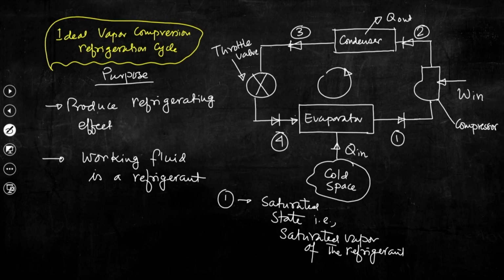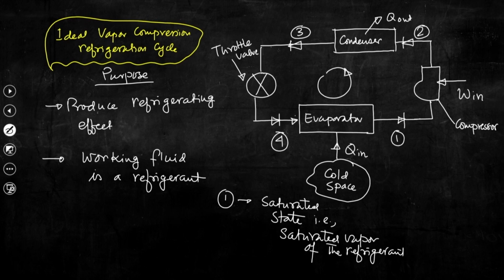Now, perhaps you have studied this topic in your basic thermodynamics course. The throttling is a very fast process. Since it is a very fast process, the intermediate states may not attain equilibrium.